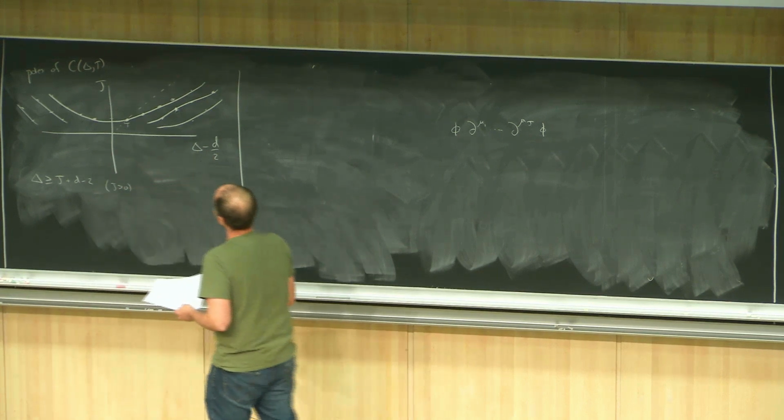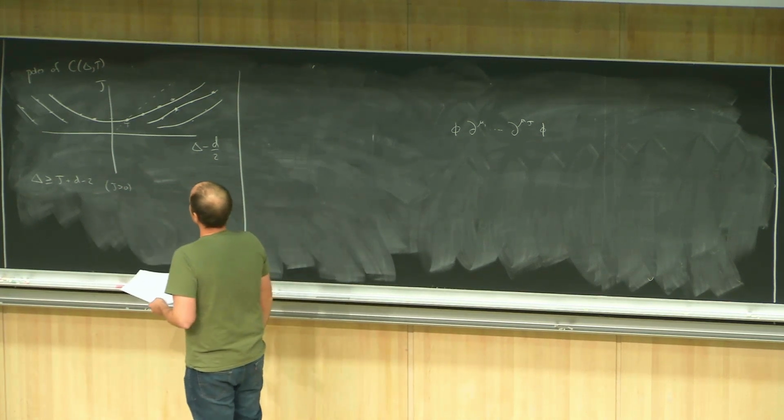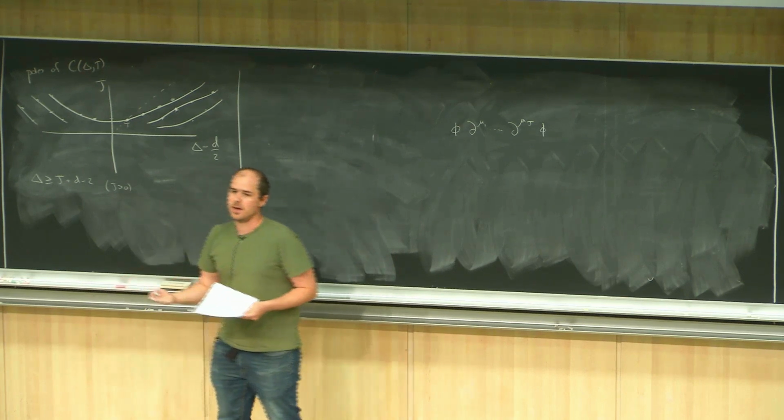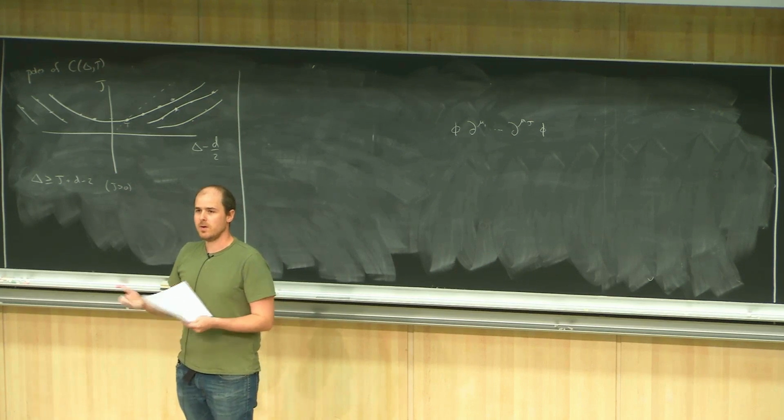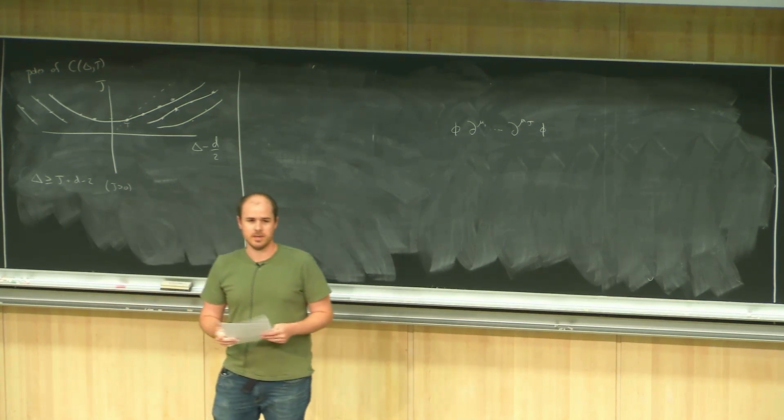The Lorentzian inversion formula is valid for j bigger than 1. And for j below 1, we don't really know what the picture is.